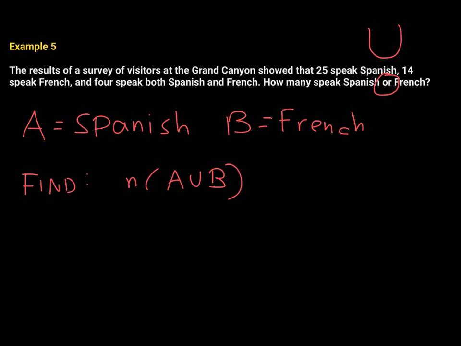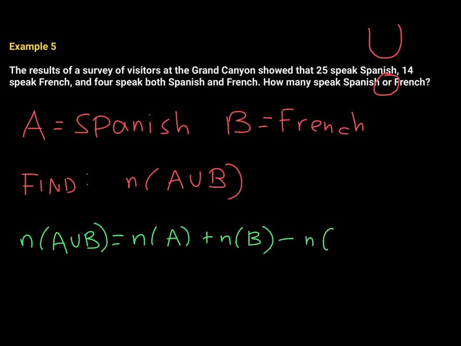All right, cool. Let's use our little formula that we developed a minute ago. The number of elements in A union B is equal to the number of elements in A plus the number of elements in B minus the number of elements in A intersection B. Now, remember, A represents those that speak Spanish. And according to the problem, it says 25 speak Spanish.